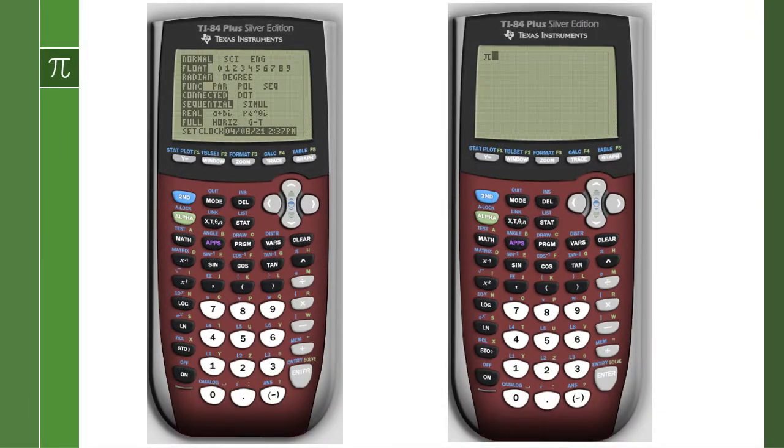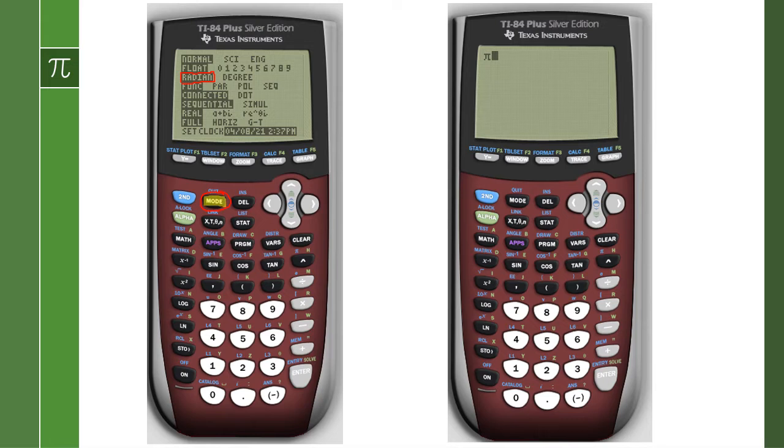So two things to be aware of before we get started here. First thing is that most of the angles given in today's lesson are going to be in radians. So you're going to want to hit the mode button on your calculator and then make sure that you are in radian mode. So make sure that radians here is highlighted and hit enter.